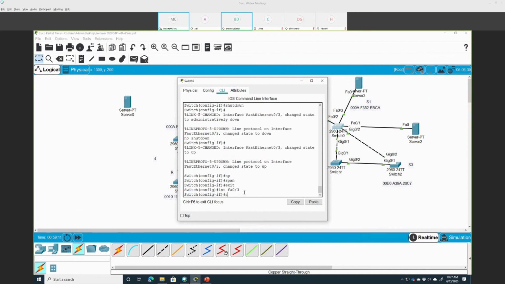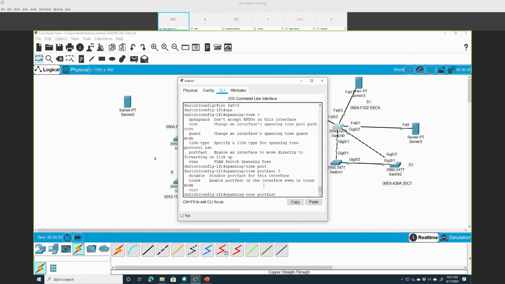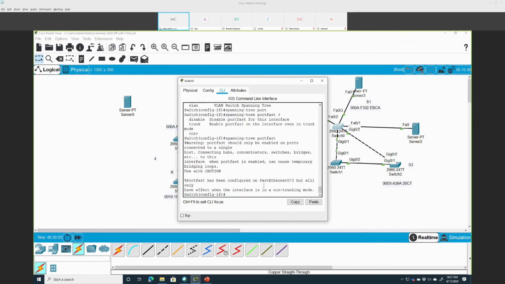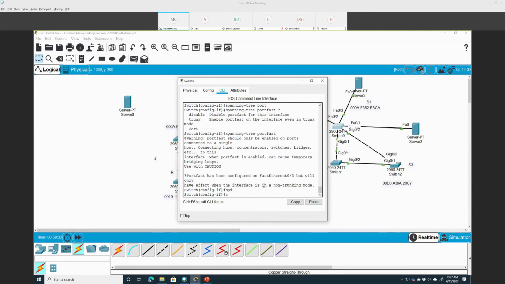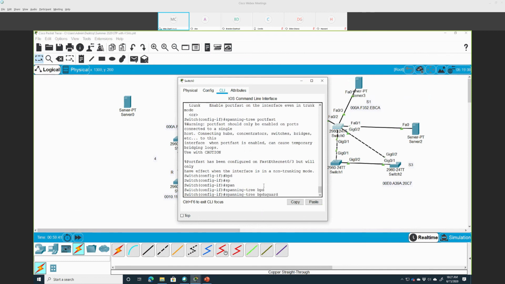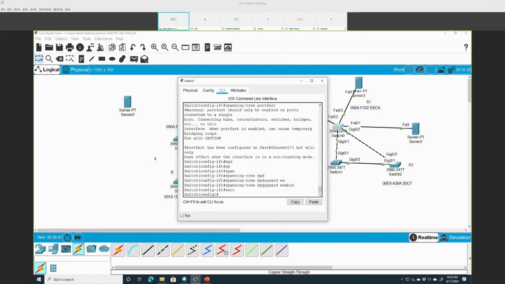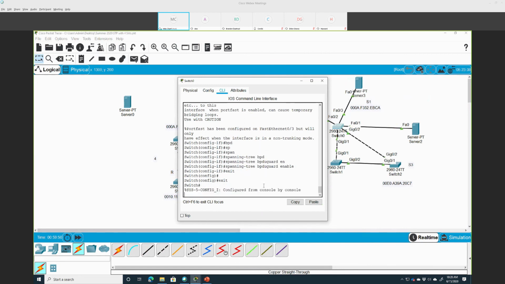Now, spanning tree, question mark. I need port fast. Okay. Enter. And also I need to put spanning tree BPDU guard enable. Okay. Exit. Exit one more time.